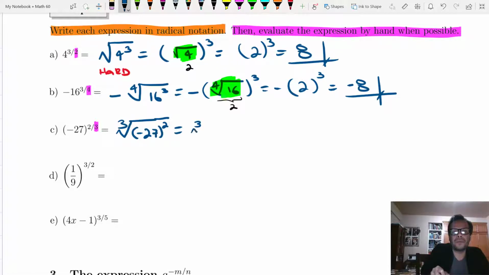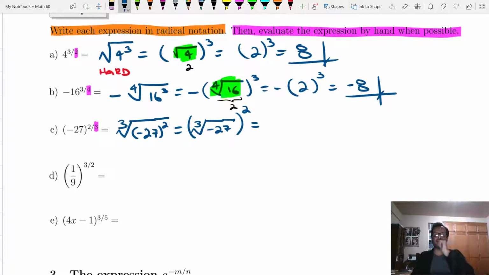So the cube root of negative 27, raise that to the second power, all right? Now, the cube root of negative 27. In this case, notice the negative sign that remains inside of the radical.